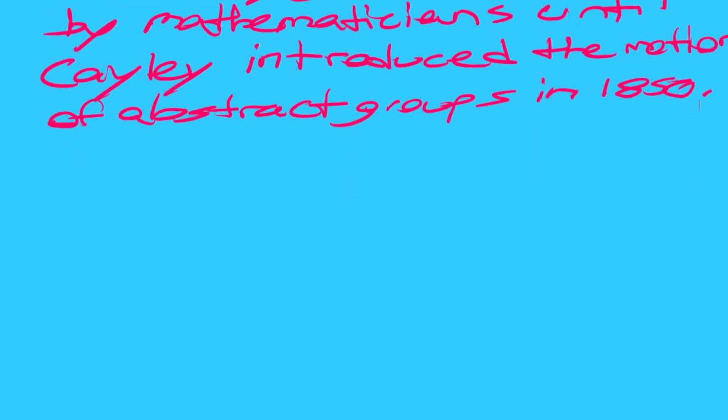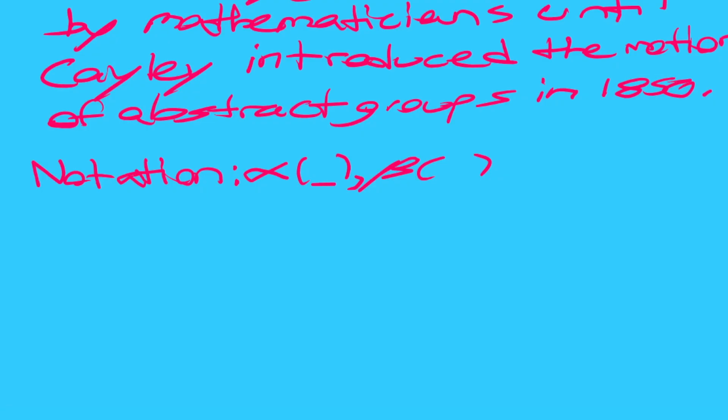So the notation that we use to describe permutations is usually we have a symbol, usually a Greek letter alpha, or you may have beta. And then inside these parentheses, you would have your permutation.